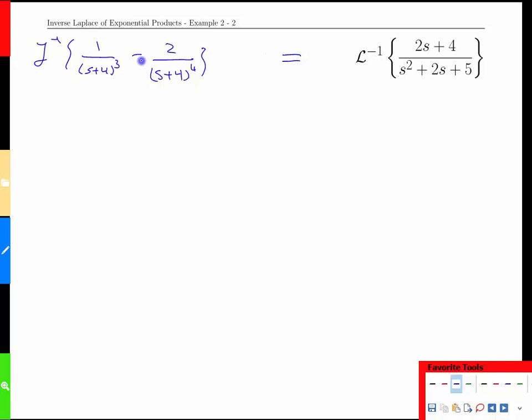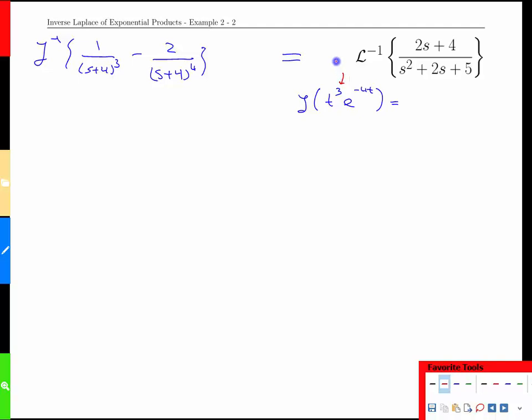Having broken our expression into these 2 terms, we're interested in how we'd invert each term on its own. And so we remember what we found on the last page. If we were to take the transform of t cubed e to the -4t, we would get this term here, which is the n factorial and the t to the power n. We would get n factorial divided by, it would usually be s to the 4, but because of the shift here, we have s plus 4 to the power 4.